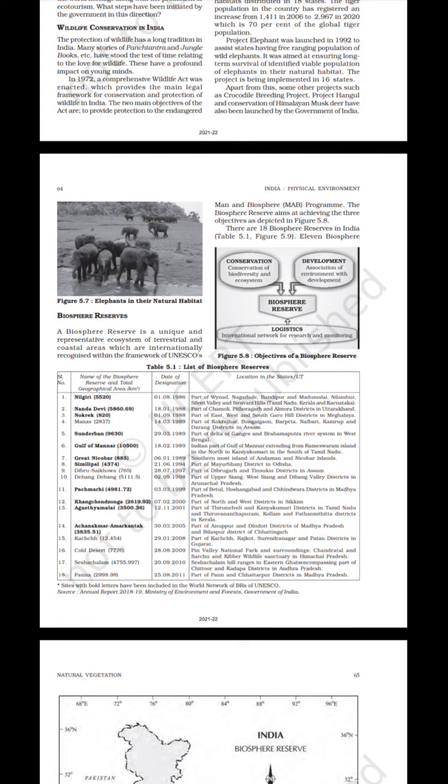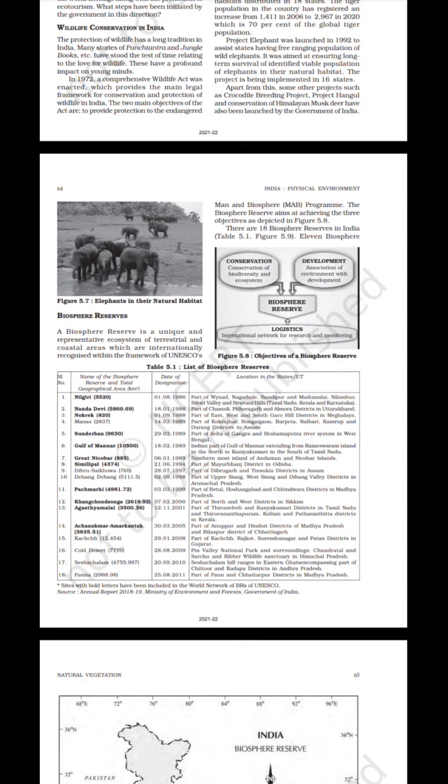Nokrek, 820. 1/9/1988, part of East, West and South Garo Hills districts in Meghalaya. Manas, 2837. 14/3/1989, part of Kokrajhar, Bongaigaon, Barpeta, Nalbari, Kamrup and Darrang districts in Assam.